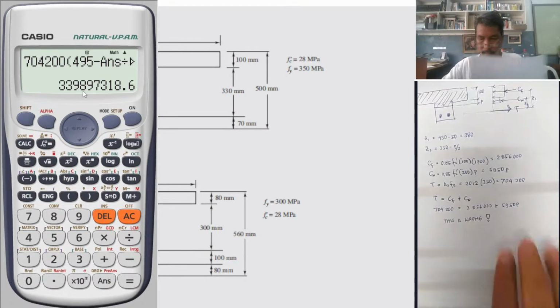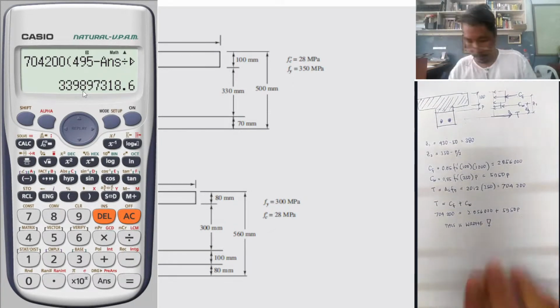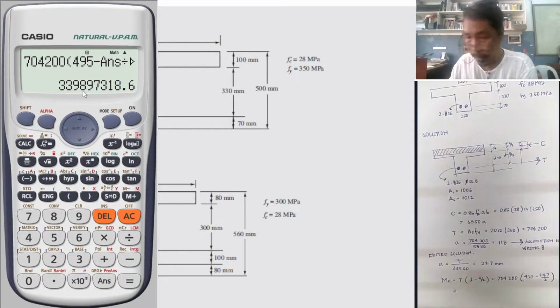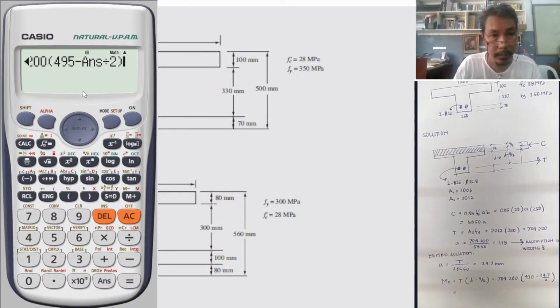Okay. So, therefore, the final answer would be, so let us get back to this. So this is 430 minus 24.7 divided by 2.